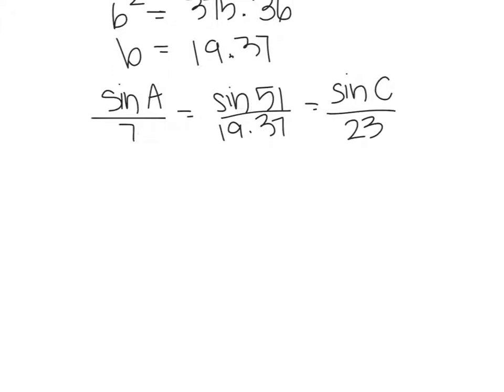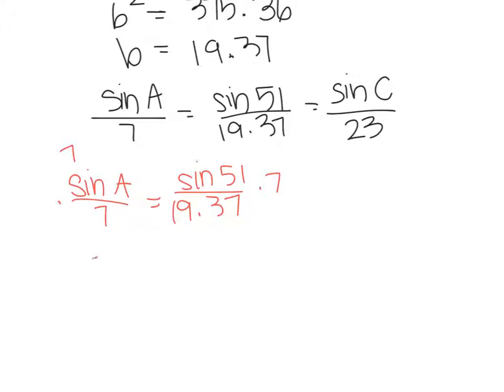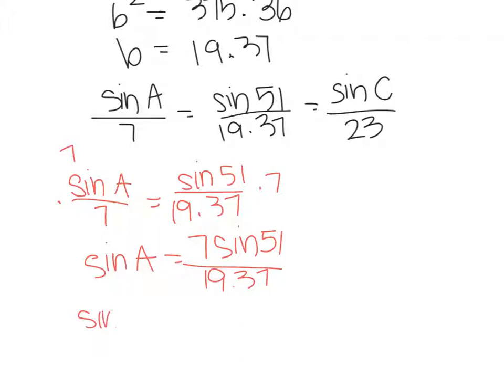I'm going to solve for angle A. Sine of A over 7 equals sine of 51 over 19.37. Multiply both sides by 7. We get sine of A equals 7 times the sine of 51 over 19.37.